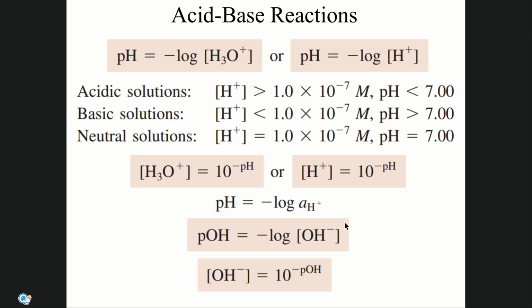The actual or effective concentration of a solute may not be what we think it is, knowing the amount of substance originally dissolved in solution. One way is to replace the concentration term with activity, which is the effective concentration. Strictly speaking, then, the pH of a solution should be defined as this one.